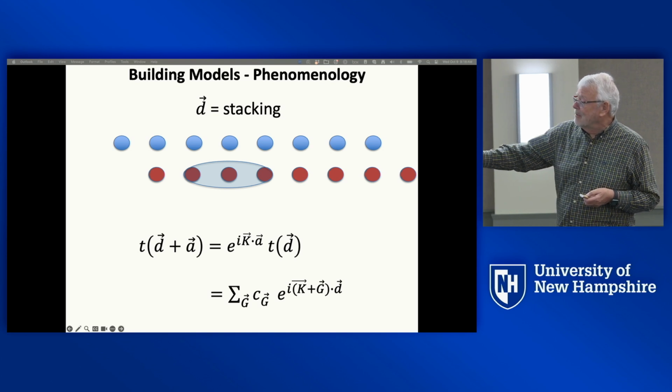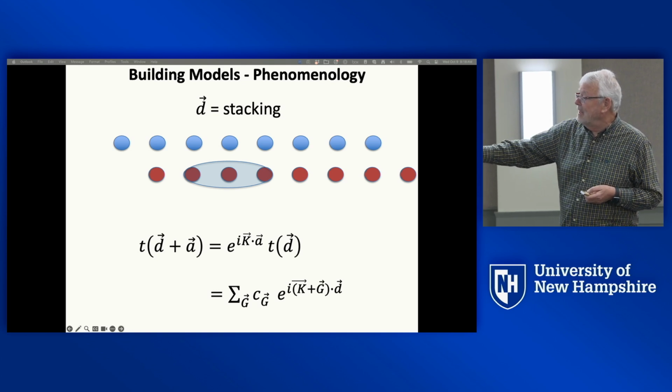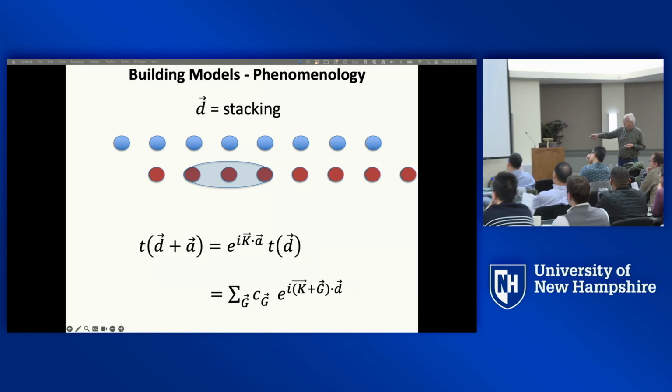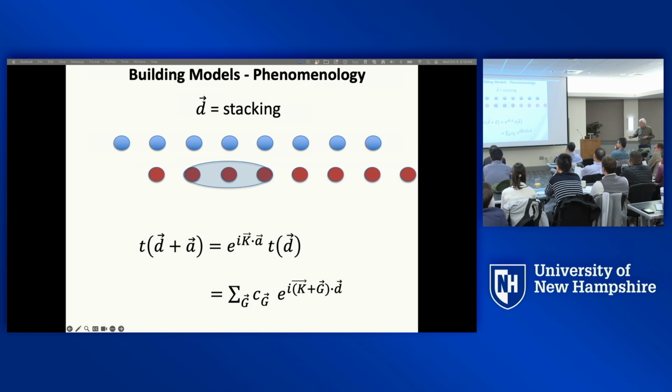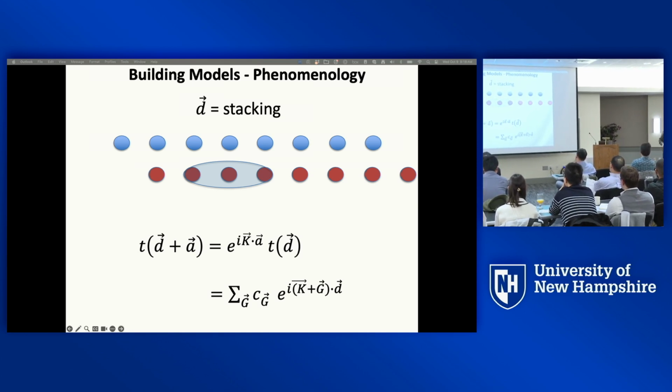This tunneling I was talking about here is a local function of position. If, as I did a moment ago, I vary the stacking so that I've moved basically by one lattice constant, I'm letting this vector d represent the stacking between the layers.